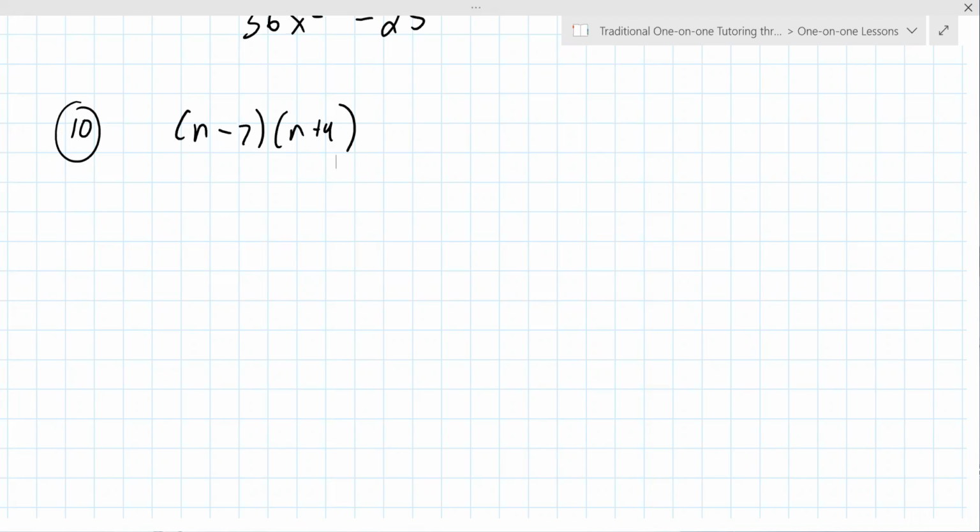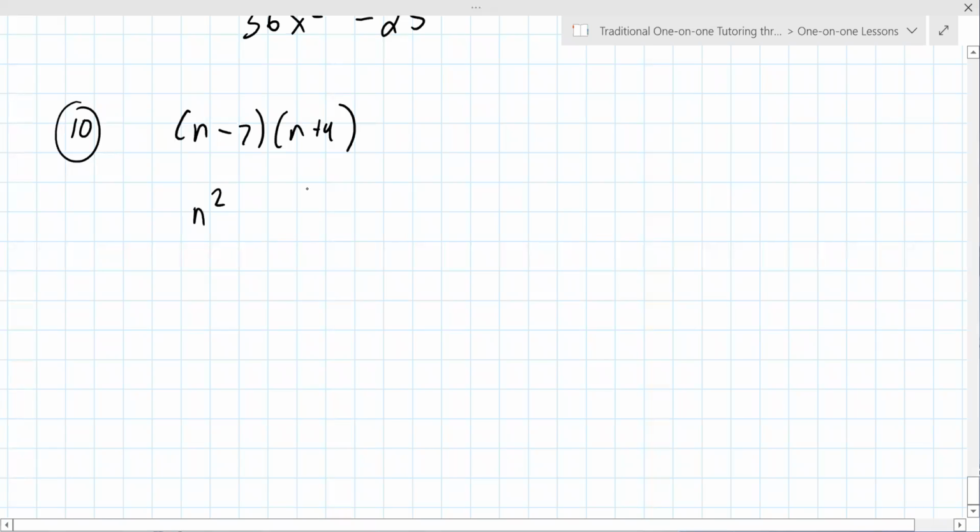Let me know when you get your answer for this one. I got n squared minus 3n minus 28. Perfect.